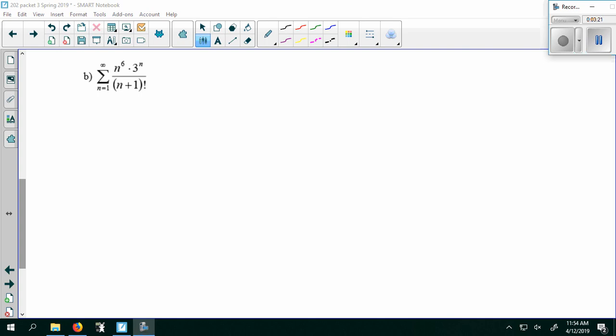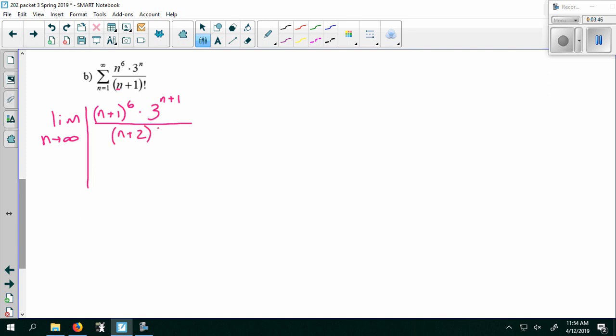So with the ratio test, I take the limit as n goes to infinity of the n plus first term, which means replace all your n's with n plus 1s: n plus 1 to the 6th times 3 to the n plus 1 over, if I'm replacing this n with an n plus 1, that becomes n plus 1, which is n plus 2 factorial. Then I divide by the nth term, n to the 6th times 3 to the n over n plus 1 factorial.